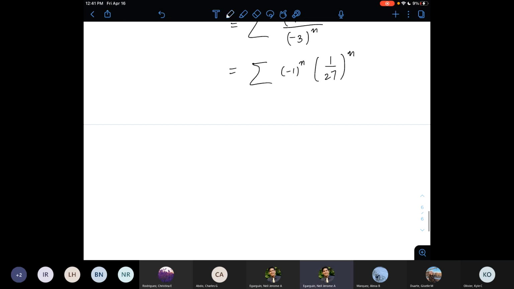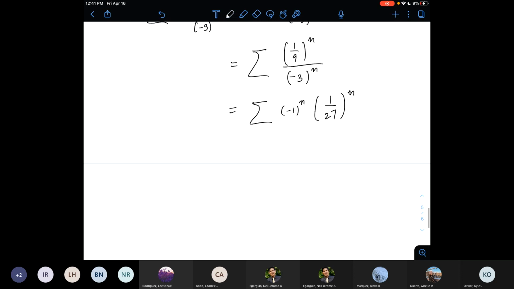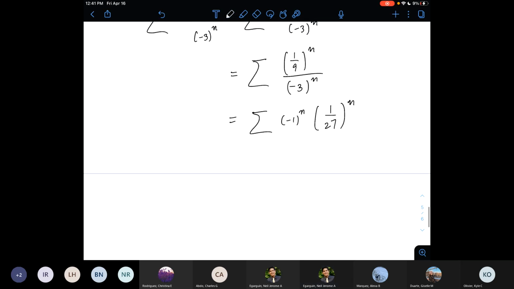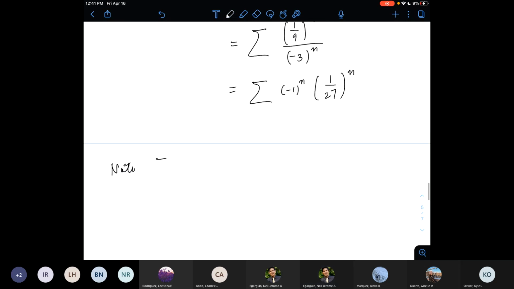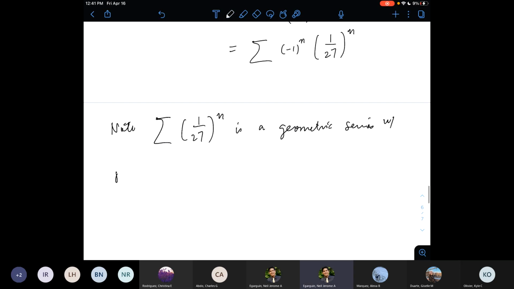And this guy, what can we say about this one? Note that 1/27 to the power n is a geometric series with common ratio 1/27, which is less than 1.